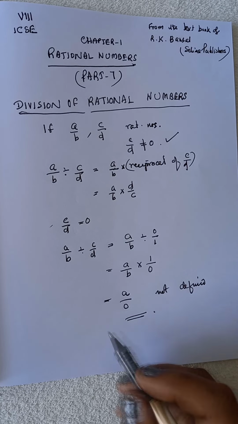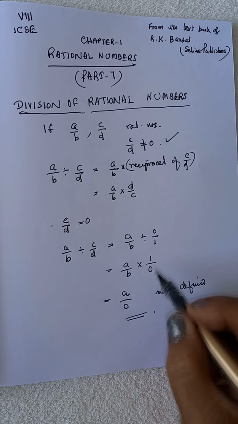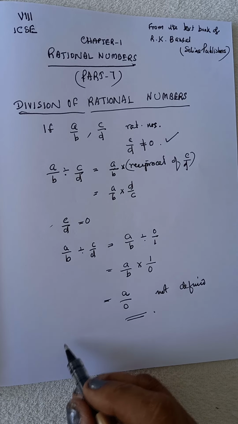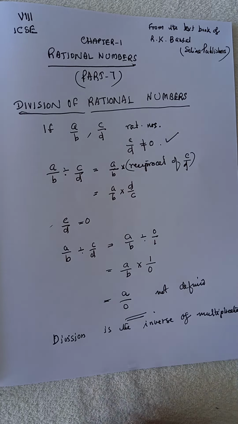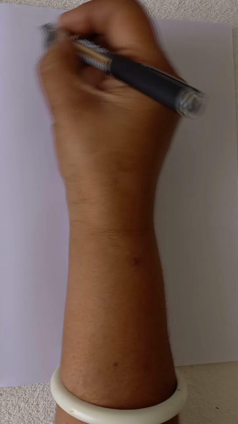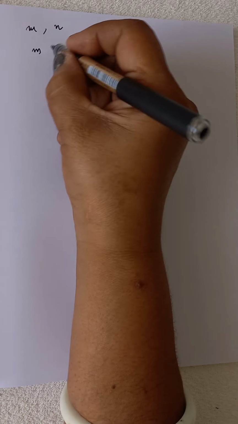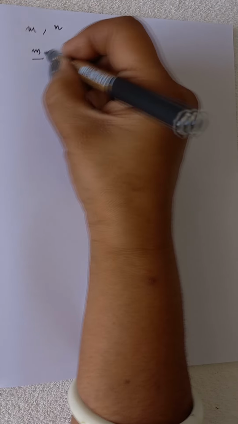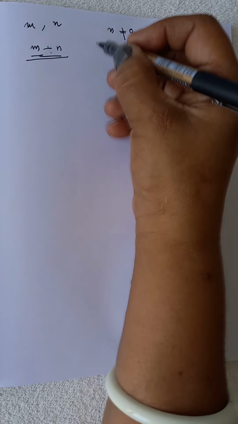Now this division is the inverse of multiplication. Here we can see division is the inverse of multiplication. Thus, if M and N are any two rational numbers, then M by N, or M divided by N, where N is not equal to 0, that condition is also there.